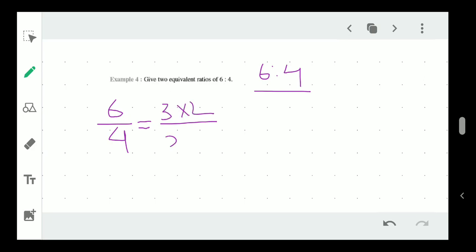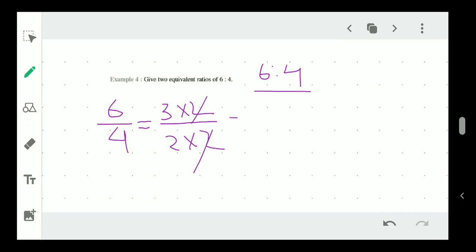now come here. Give two equivalent ratios of 6:4. Now see, for equivalent ratios of 6:4, we can always write 6:4 as 6/4. Okay, so we can see here, if we do simplification, 6 we can write as 3 into 2, and 4 we can write as 2 into 2.